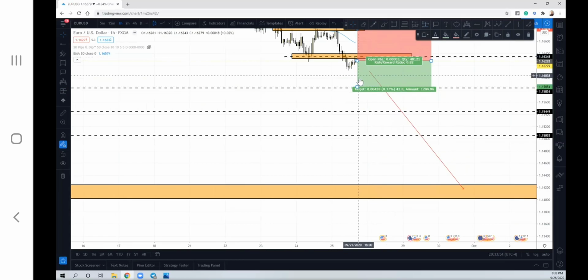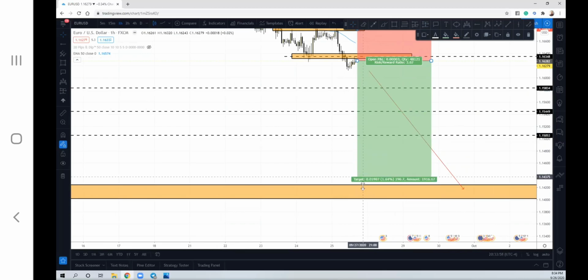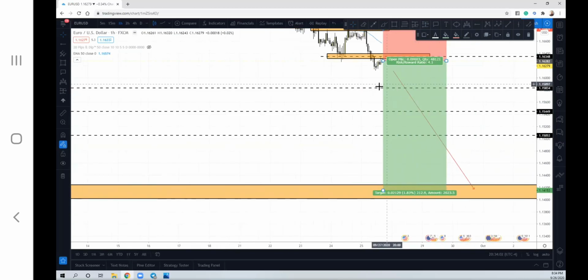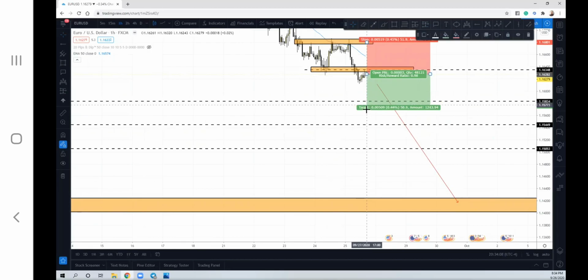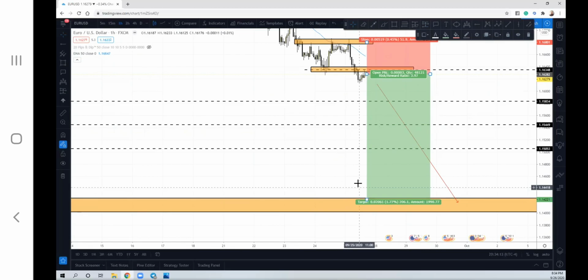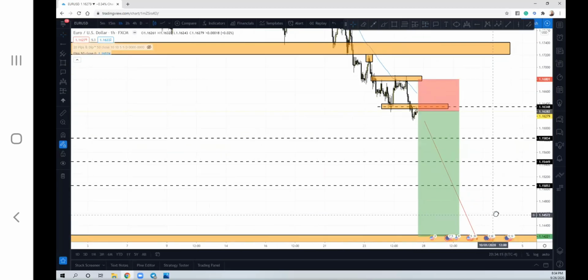That would be like the beginning of a session. And then these three targets down here will be more throughout the week as the market keeps going, right? Now, we can take profits here at the first target and call it a day, or we can hold these targets to the next possible levels all the way down to our ultimate target down here.